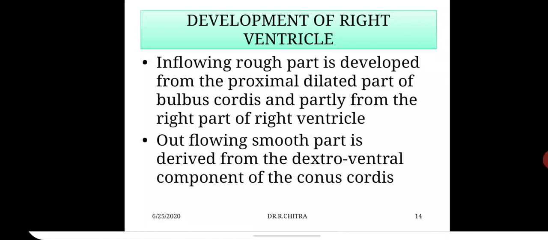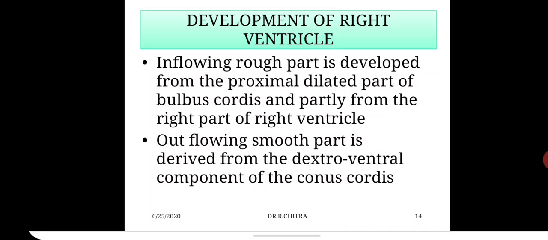In the development of the right ventricle, the inflowing rough part is derived from the proximal dilated part of the bulbus cordis and partly from the right part of the primitive ventricle. The students should note that the rough part will be formed from the primitive chambers. So that is the way to remember.